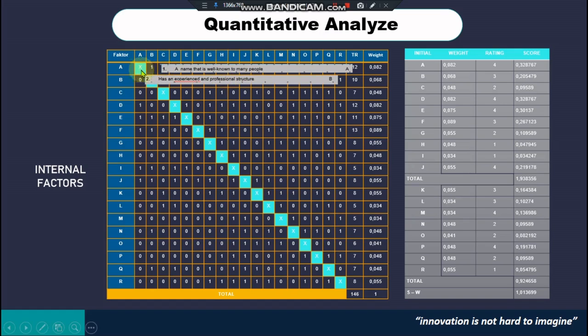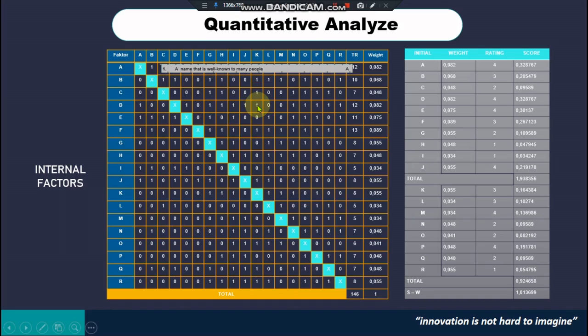If from the perspective of the expert factor A is more important than B, we write down that A has 1 as its score and B has 0 as its score, because factor A is more important than B.